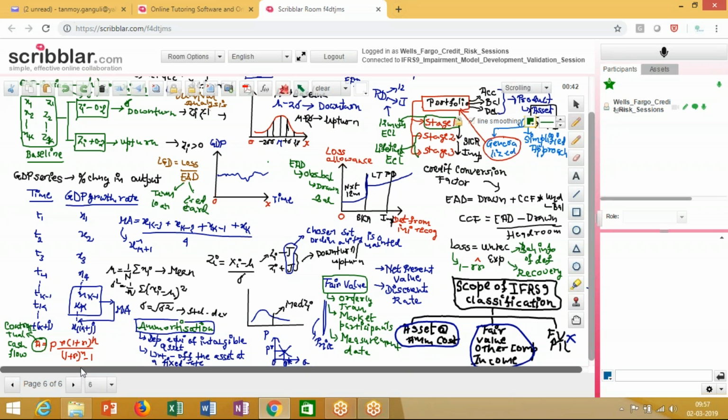The next thing that we need to know is what exactly are the examples of assets which can be classified as assets at amortized cost. So the next part is we look into each of these assets. Some of them we have already discussed: personal loans or any kind of term loans.